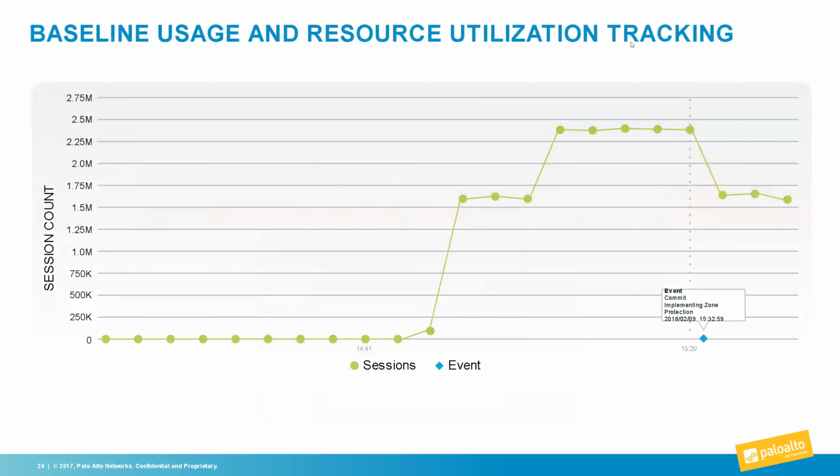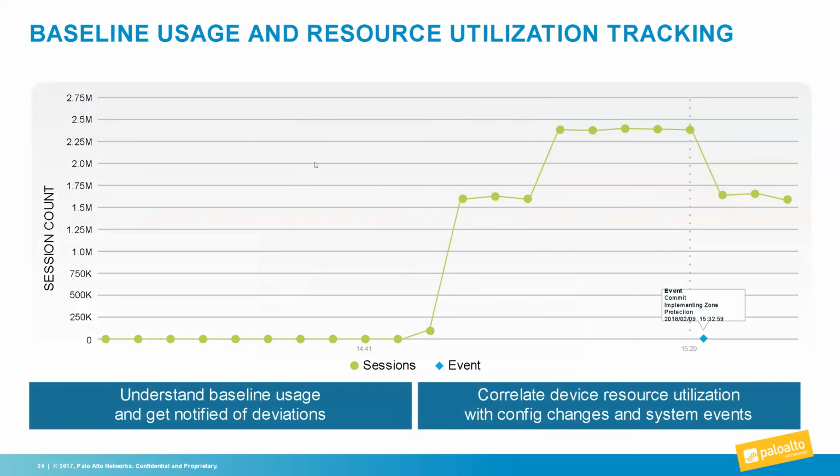Baseline usage and resource utilization tracking. This is important. I think this came out in maybe 9 code, but over time, Panorama will gather a baseline of what your firewall consumes from a resource perspective. And then if you have moments where your firewall starts consuming way more resources, it'll be considered a deviation, an event, and you'll be alerted on it, right?